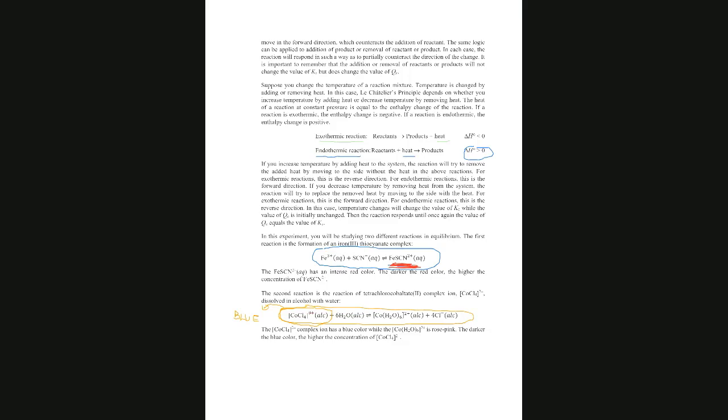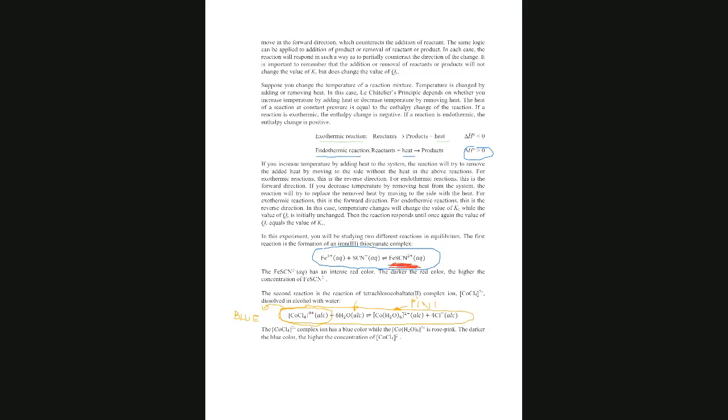As soon as you add here DI water, the color changes because this complex disappears, and this is the equilibrium reaction. And this one, instead of being blue, is going to be pink.